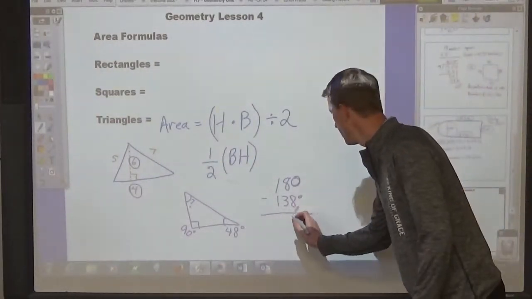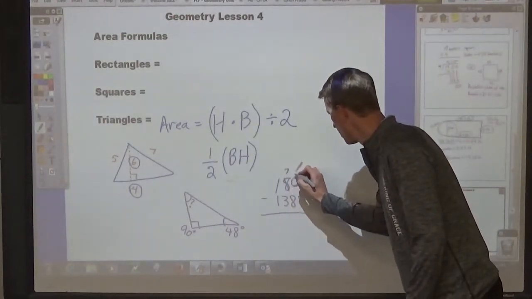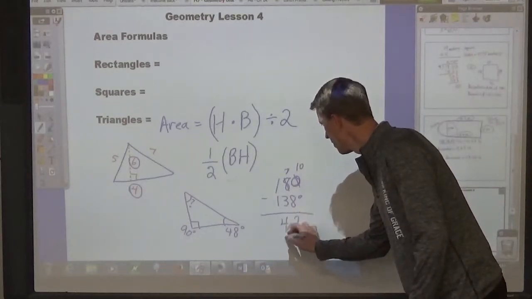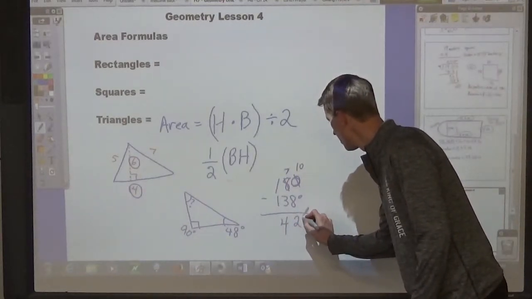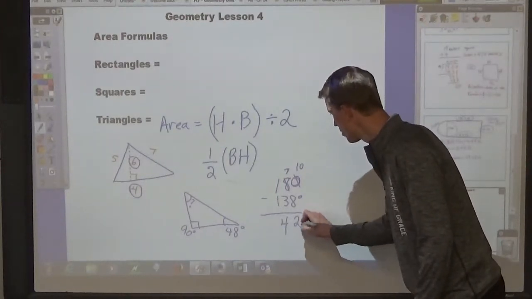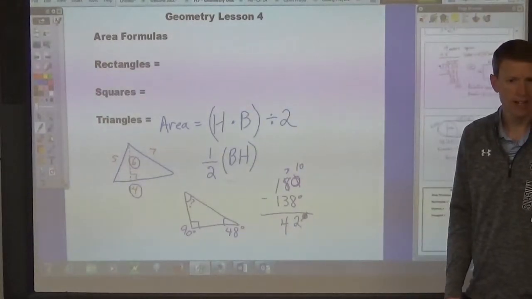So this would be 42 degrees. Okay? Any questions on that? Find the missing measure of an angle. Okay.